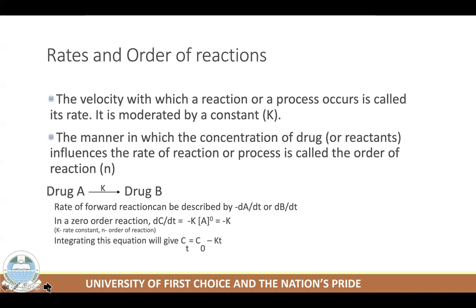In terms of rates and orders of reaction, the rate of reaction can be described as the velocity with which a reaction or a process occurs. And this is important because in all the phases of a drug's transmutation, a drug's change in the body, you will need to understand how fast this change is occurring in order to predict the next step or how the drug is reacting in the body.